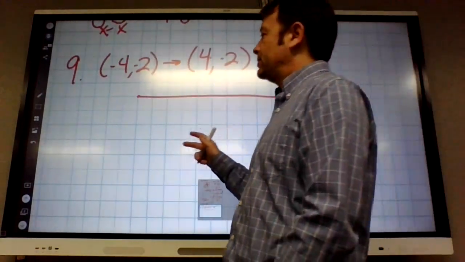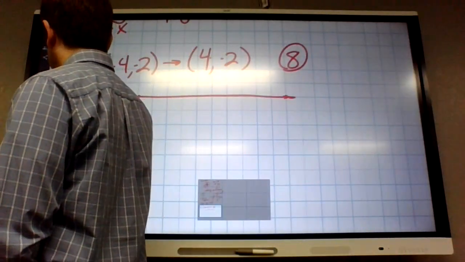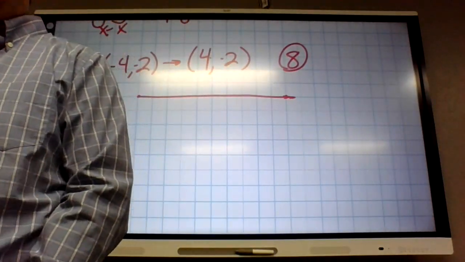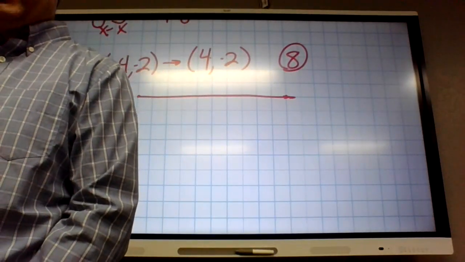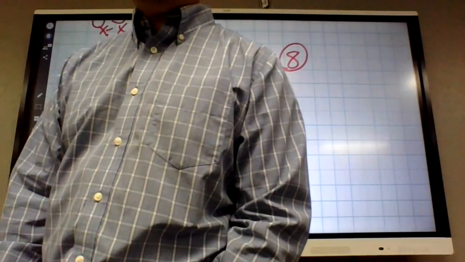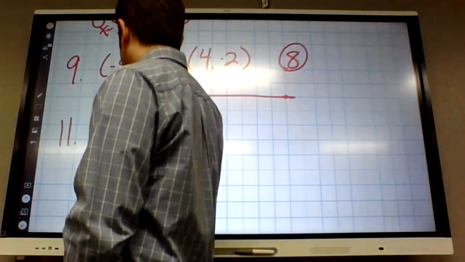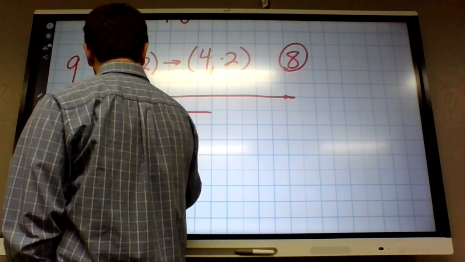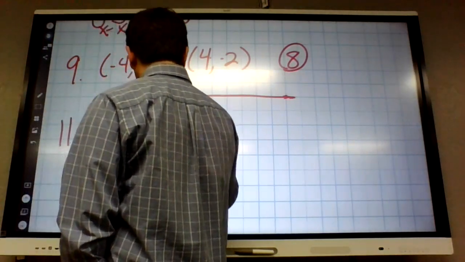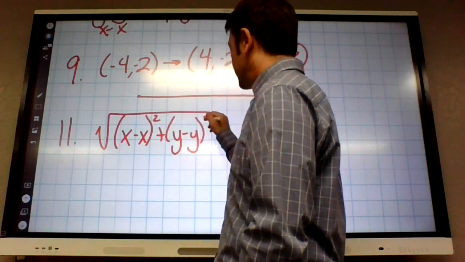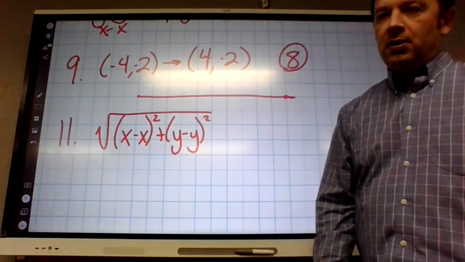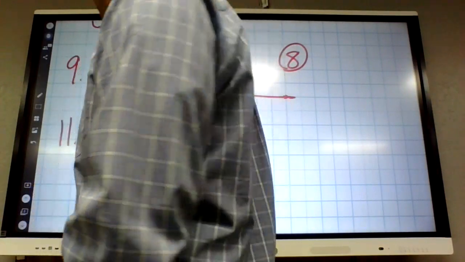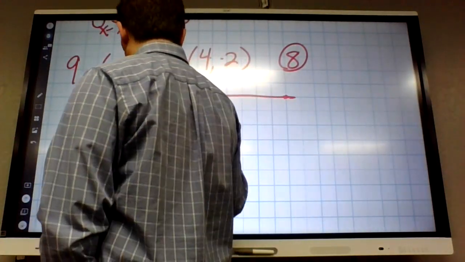However, on number 11, this one is not a straight line, it's more diagonal. So we would need the length from B to C. So I am going to use the distance formula, which was this. Okay, so what are my x values? Negative 4 and 4.